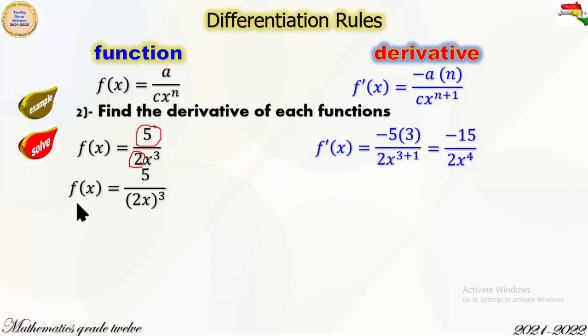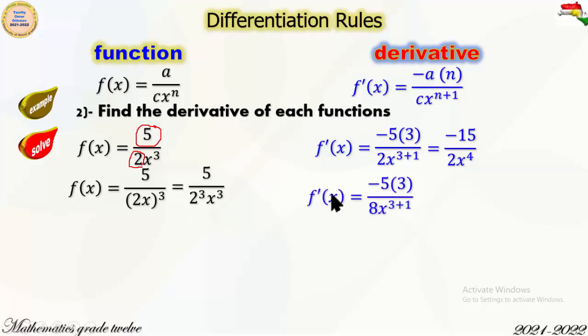Another example, f of x is equal to 5 over 2x all to the power 3. First of all, apply the power to the denominator. It becomes 5 over 2 to the power 3 x to the power 3.